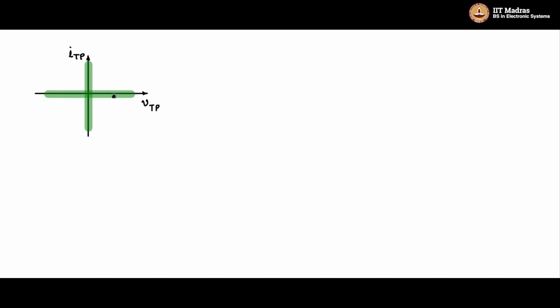Now, as against this, how does the static characteristic of a practical semiconductor switch appear? Let us take the BJT for an example and see how its static characteristic looks. So let us say this is the symbol of the BJT.